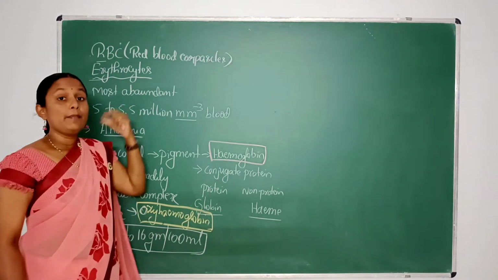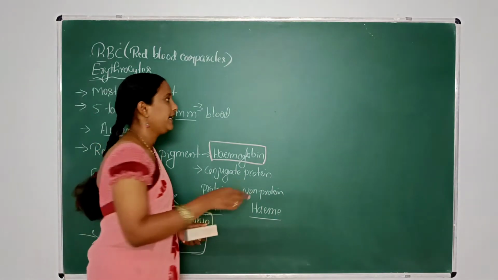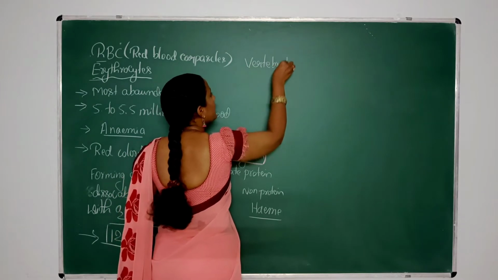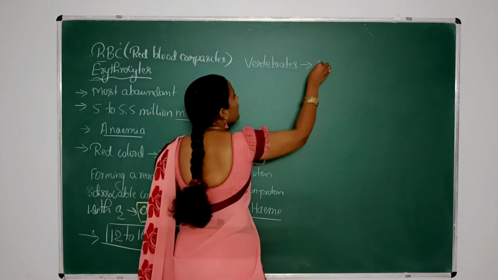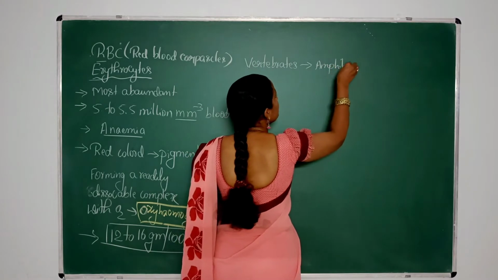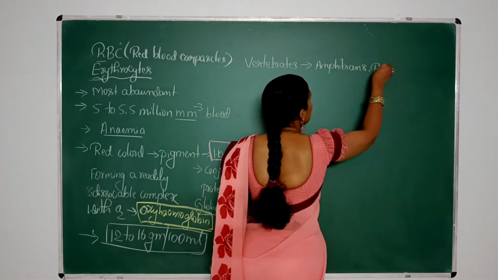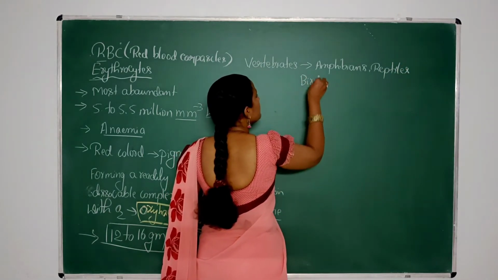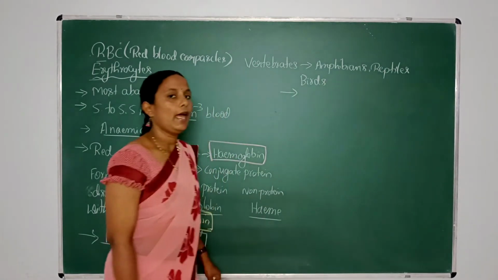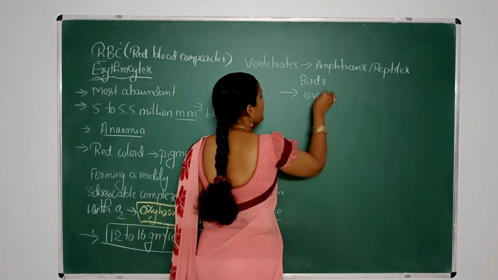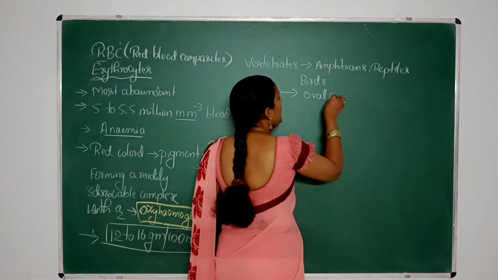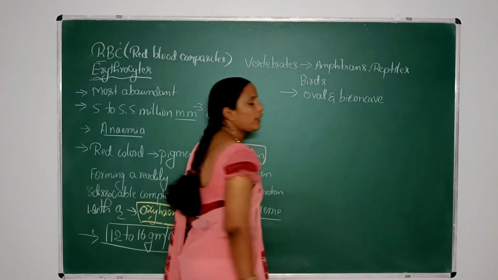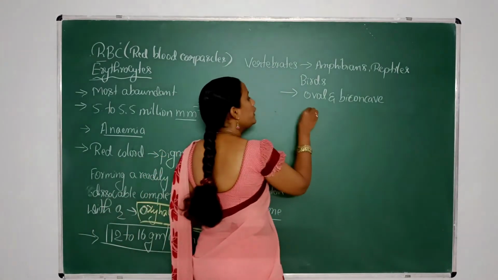Next, the RBCs in case of vertebrates. In case of vertebrates like amphibians, reptiles, birds, the RBCs are oval and biconcave in shape, and they have the nucleus.